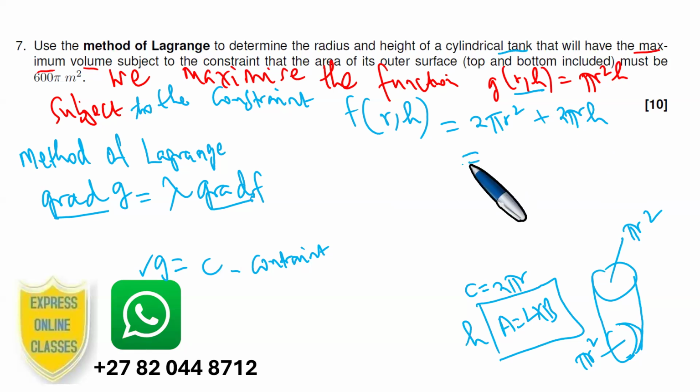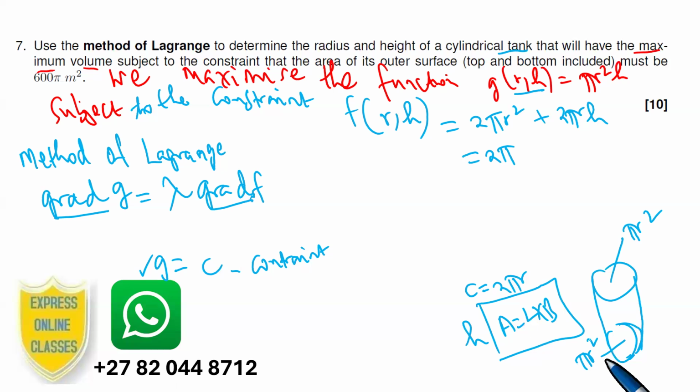We continue. Okay, so you can pull out a common factor from this, because now we have dealt with the top and the bottom, the lid and the base, and then we dealt with the side material, and this forms a rectangle.